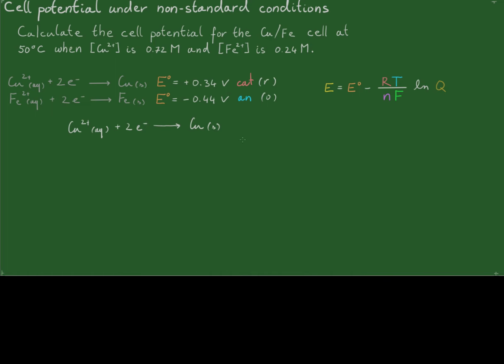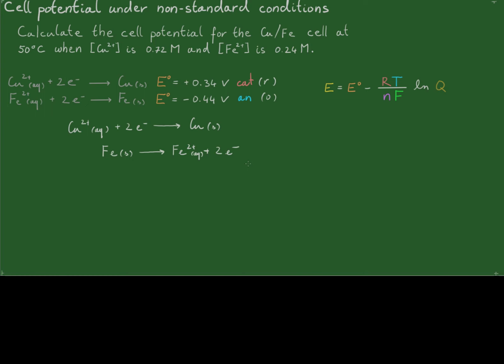The iron half cell up here is written in the reduction direction. However, we have said that it will actually undergo oxidation. That means we need to flip it around. So we'll have iron solid go to iron 2 plus, aqueous, do not forget the states, plus 2 electrons.